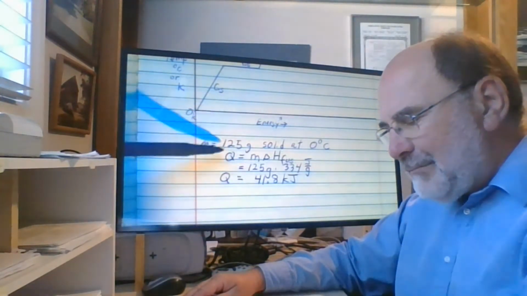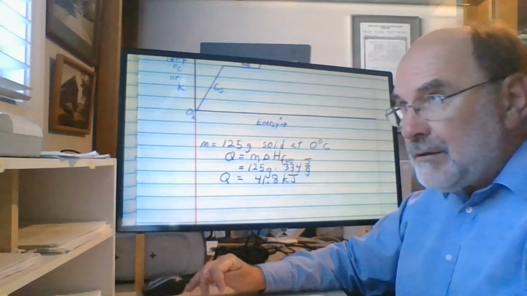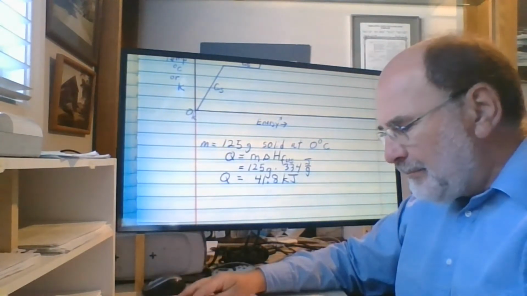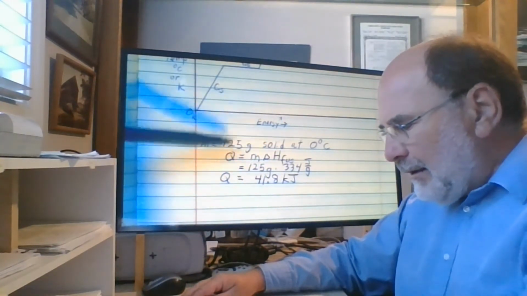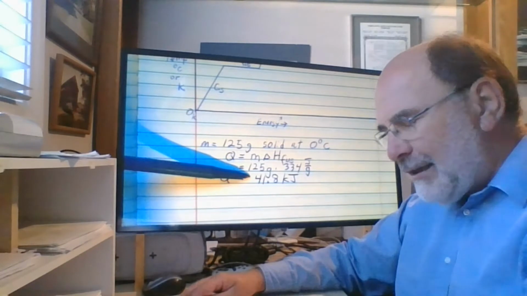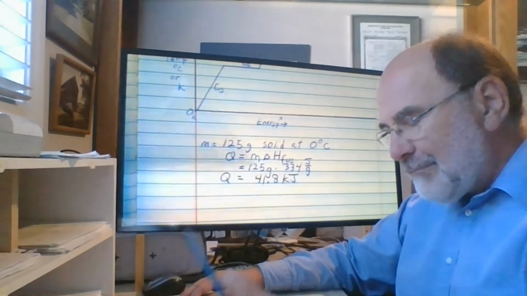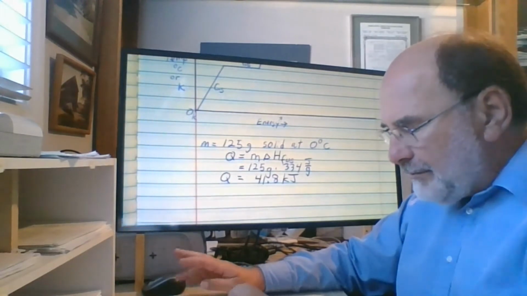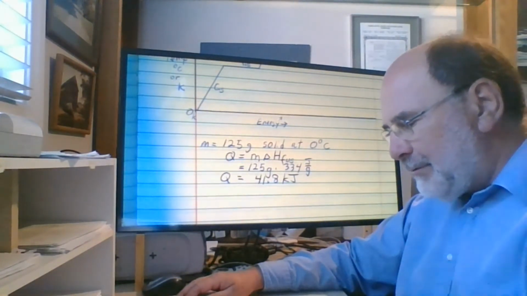If I want to completely melt 125 grams, which would be a large cup of ice or so, it would take 41,800 joules of heat energy to completely melt it. All right, so let's do another example.